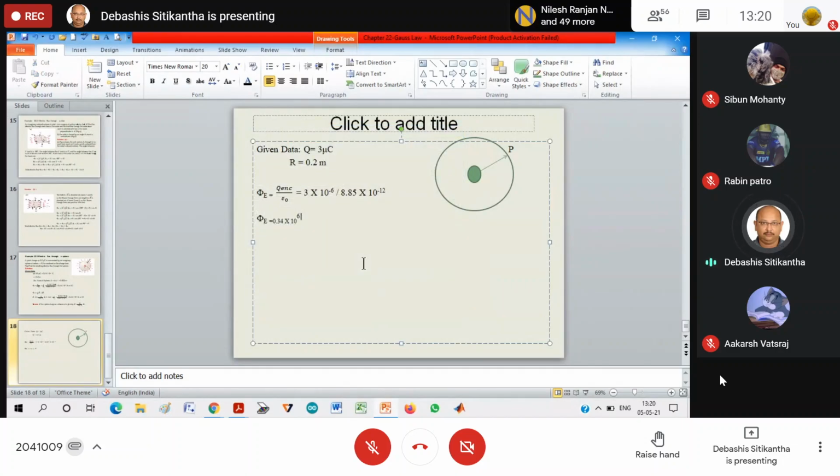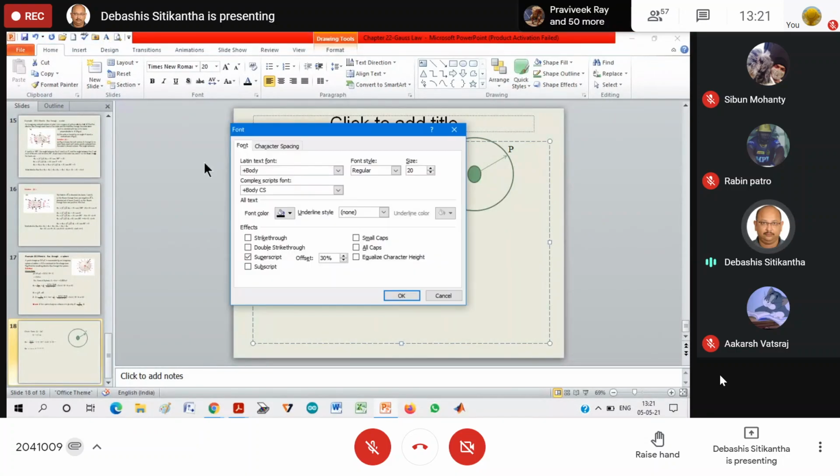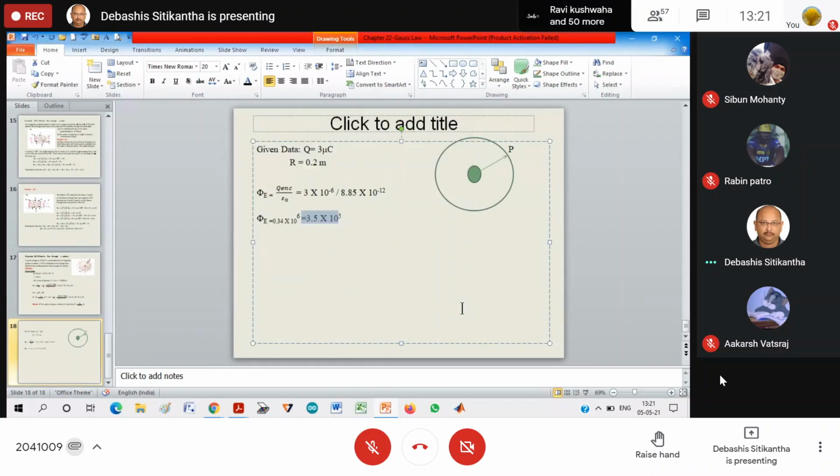So this is going to be equal to 3.5 into 10 to the power 5. Are you getting this answer? Yes, sir. Okay, that's the right way to do it.